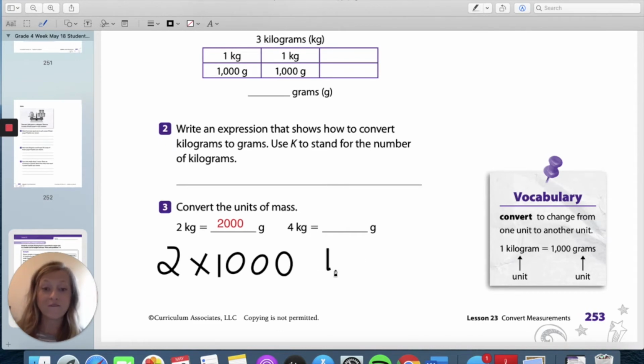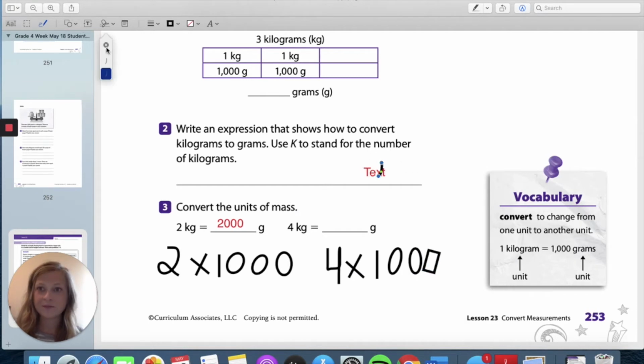We would multiply 4 times 1,000. So go ahead and pause the video and solve for 4 times 1,000. All right, hopefully you said that 4 times 1,000 is 4,000. So I know that 4 kilograms is equal to 4,000 grams.